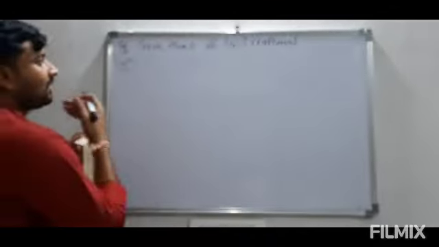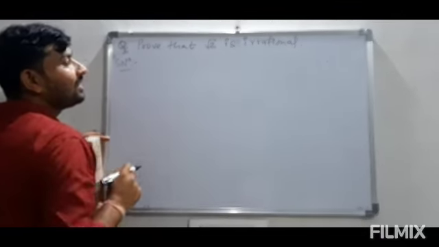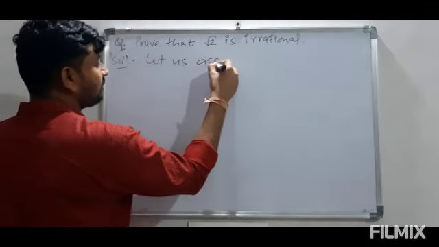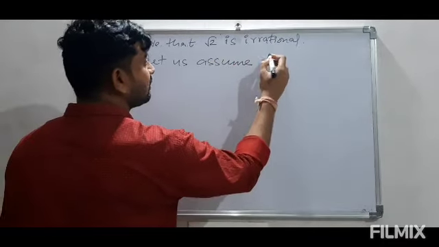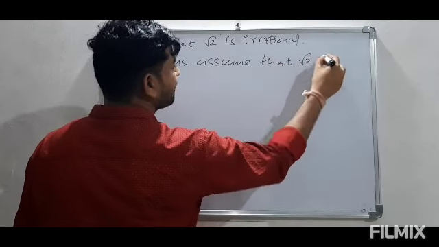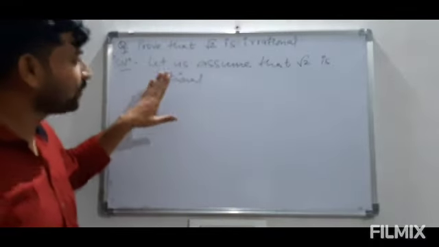So let us start. What we are going to do is assume that root 2 is rational. As I told you, we will not take it as irrational; we will consider it as rational, and then we will prove that it is not rational.